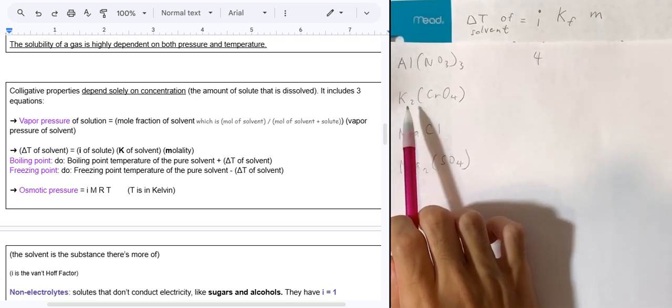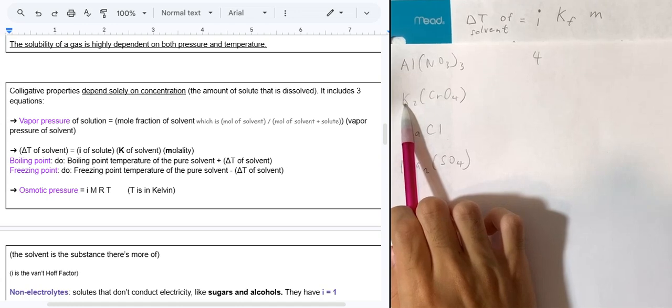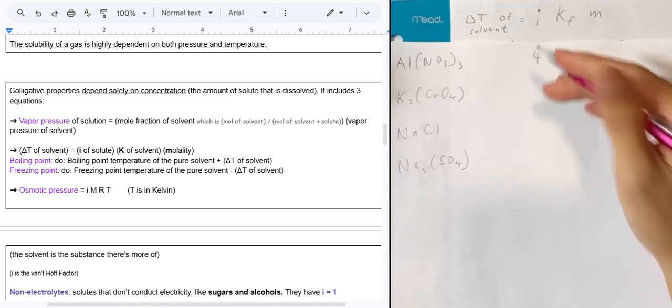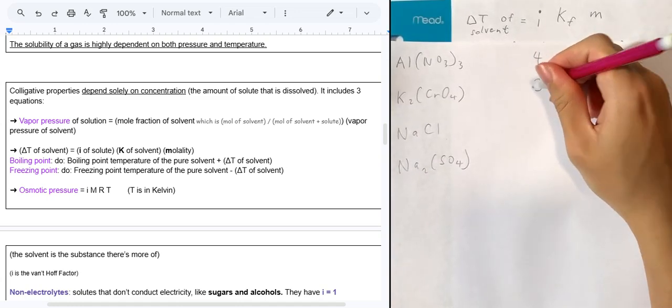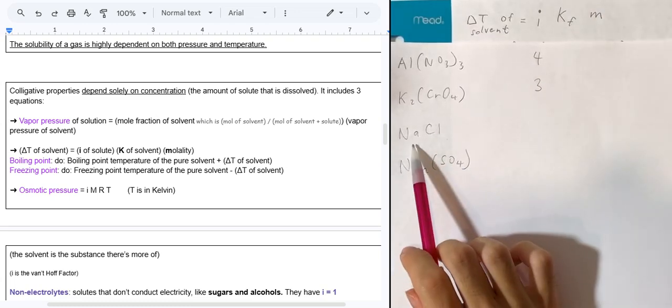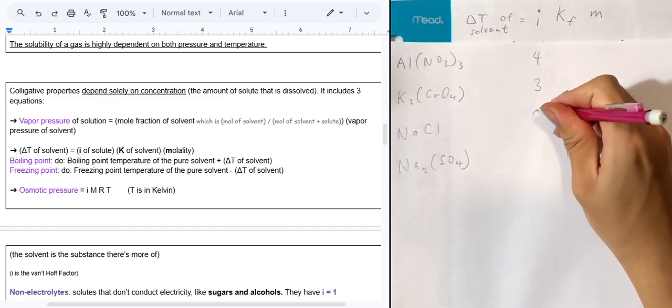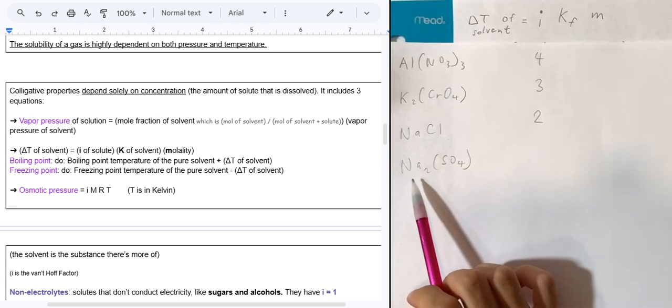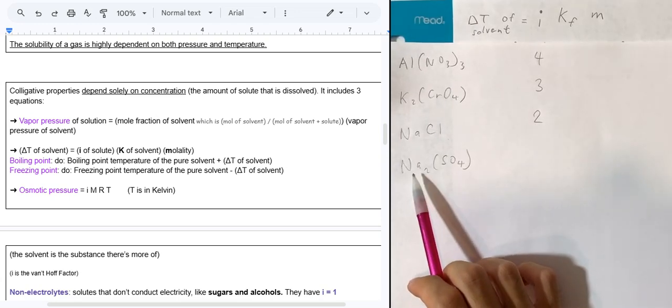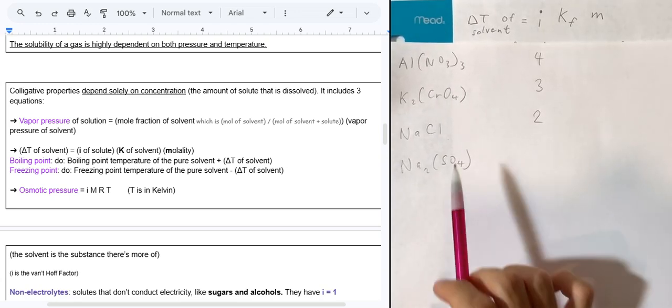The i of this is 1, 2, 3. So the i of this is 2. And the i of this one is 1, 2, 3.